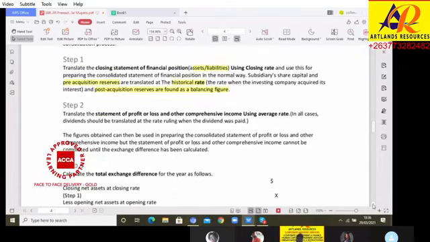Second step, translate the statement of profit or loss and other comprehensive income using average rate. So remember, the statement of financial position or balance sheet, we translate it using closing rate because it is as at. But you notice that share capital and pre-acquisition reserves, you use historical rate. But for the statement of profit or loss, which is for the year, these transactions are spread throughout the year.